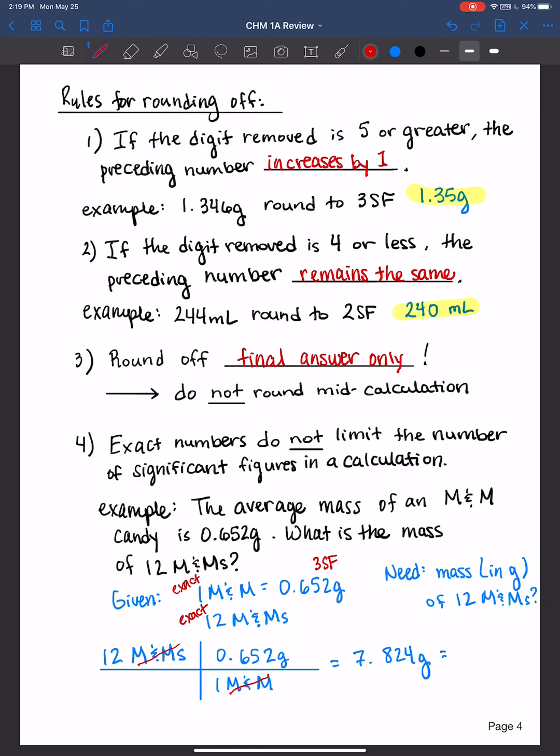So with that said, we need to round to 3 significant figures. What should your final answer be? 7.82 grams. Excellent.